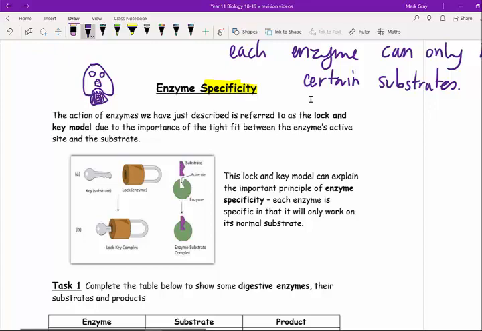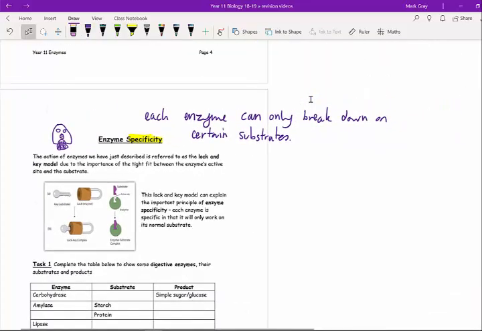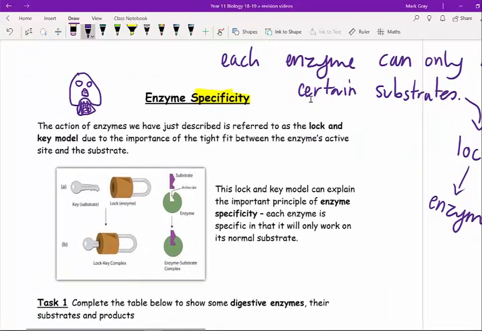Like we say that each enzyme can only break down certain substrates, we call this the lock and key theory. So in this case, the key is the substrate and the lock is the enzyme. So the way only certain keys fit into certain locks, only certain substrates can fit into certain active sites.